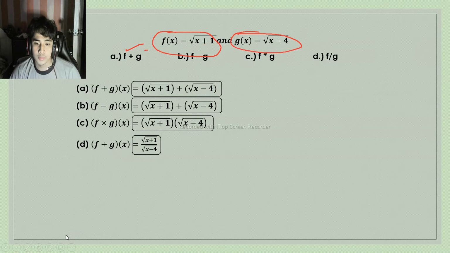And our final answer should look like this, quantity square root of x plus 1 plus quantity square root of x minus 4. Simply, we substitute the value of f of x to the value of f, and g of x to the value of g.